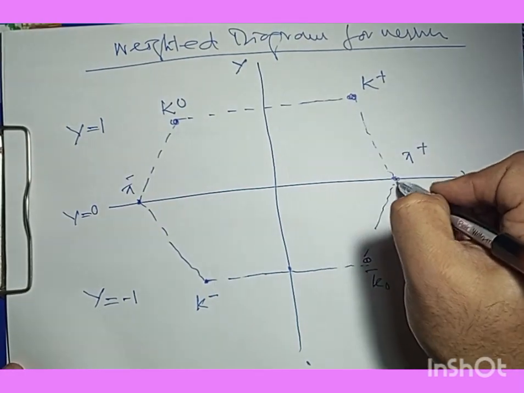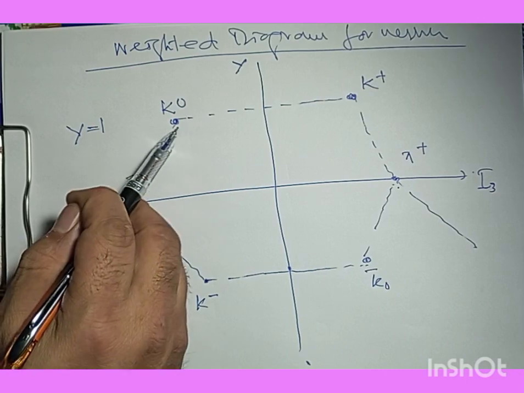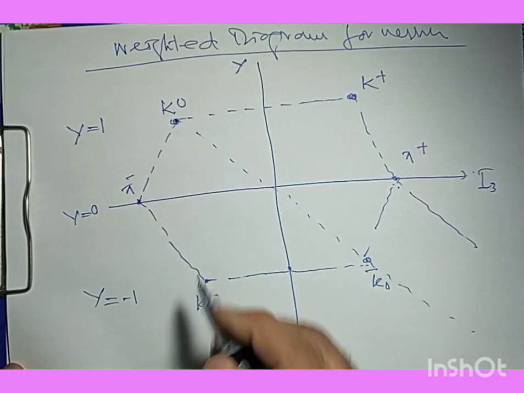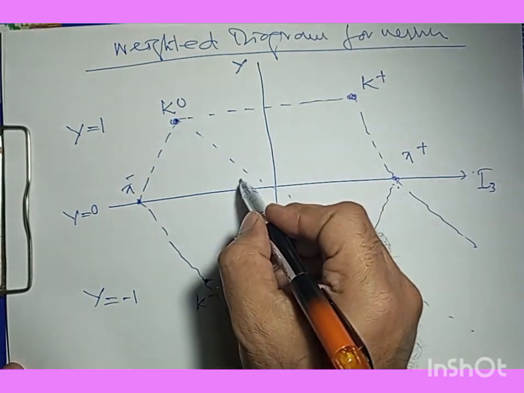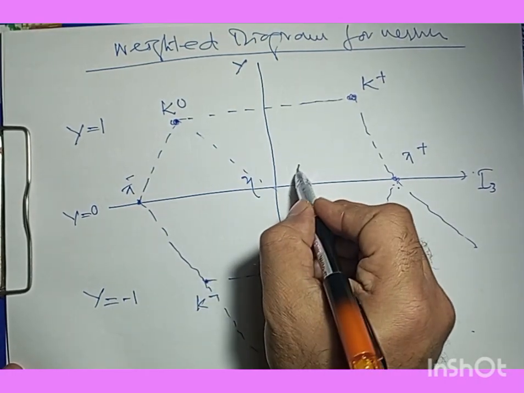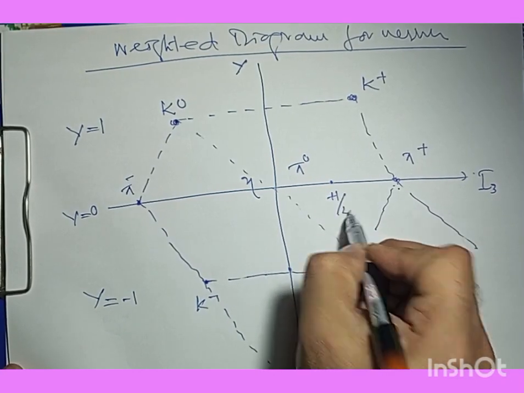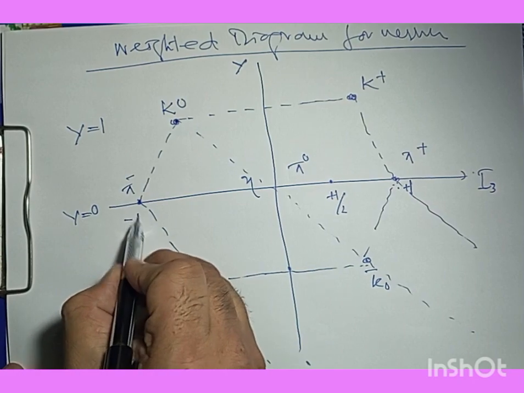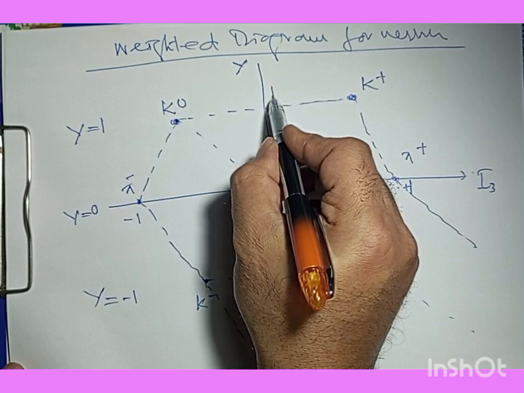Here I would like to have a slanting line and its extension. At the center we have eta and pi 0. This is my plus half, this is my 1, so plus 1, this is minus 1, and this is my plus 1.